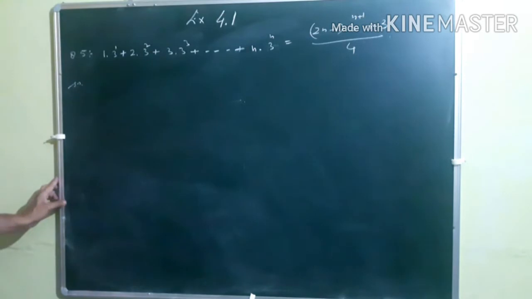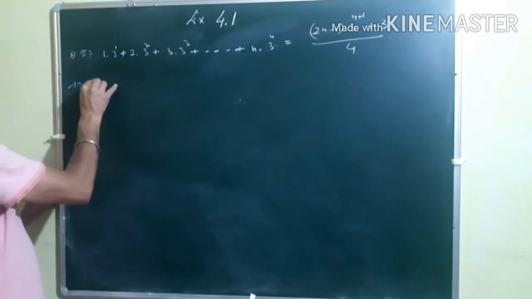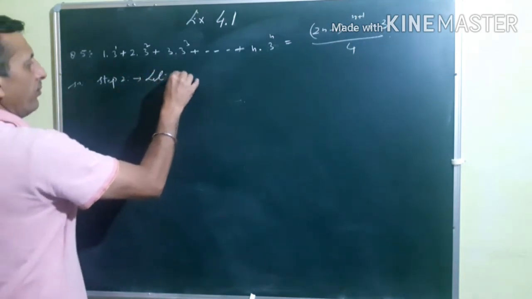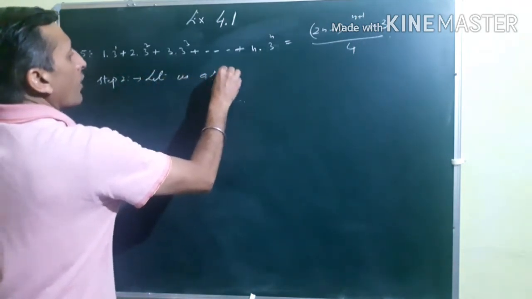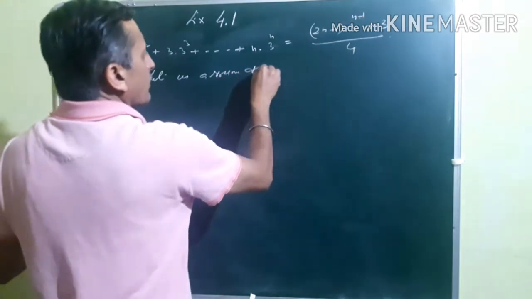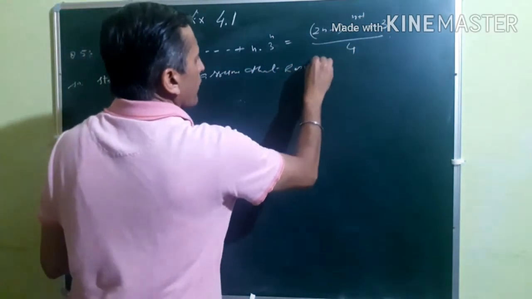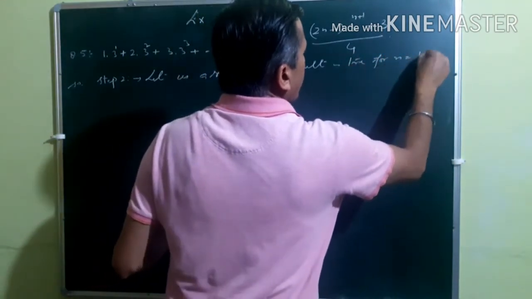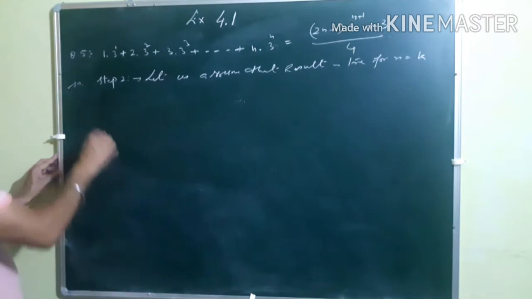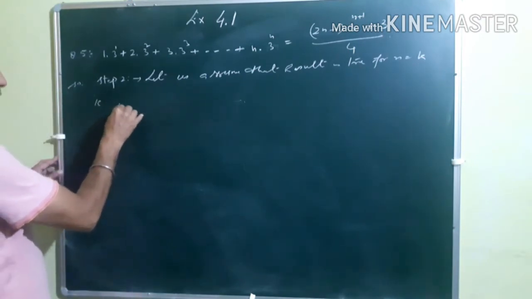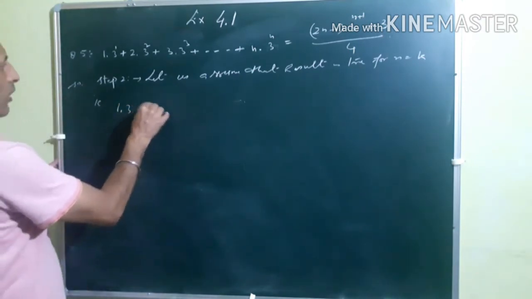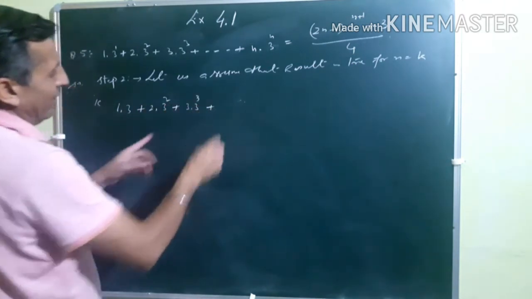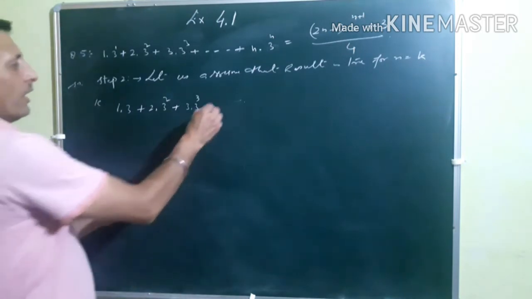You know, in step number 2 we have to assume. So step number 2, let us assume that the result is true for n is equal to k. What we have assumed is that 1 into 3 plus 2 into 3 to power 2 plus 3 into 3 to power 3, and similarly you can write 4 into 3 to power 4, and so on.